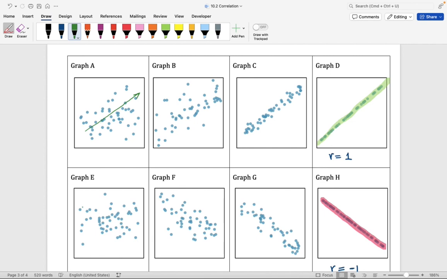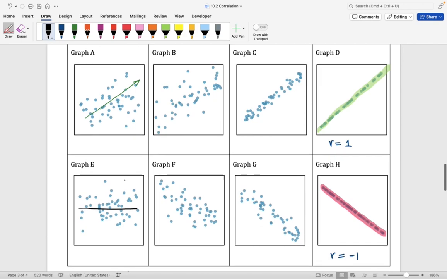We can't even tell if this would be a negative relationship or a positive relationship. Perhaps if we used technology to come up with a regression model, that model might have a slope close to 0, meaning the equation would be a horizontal line. Again, we're expecting to see values that are really close to 0.